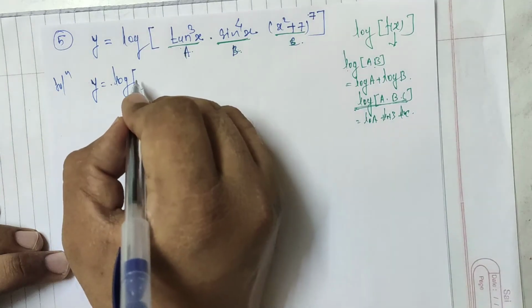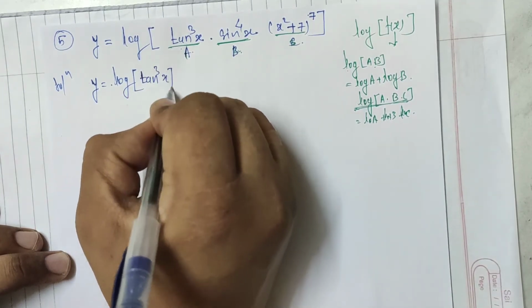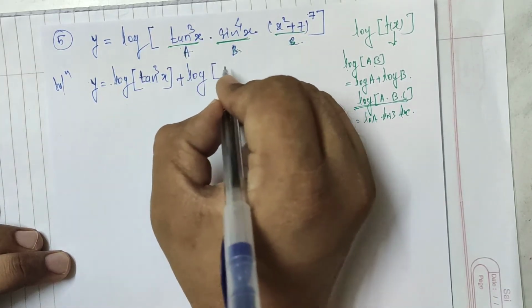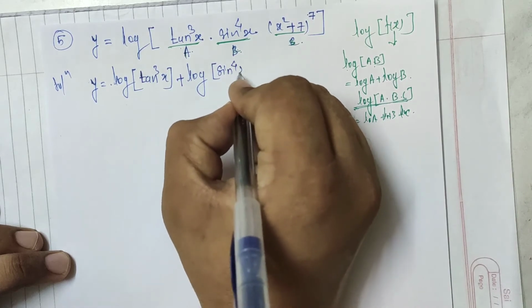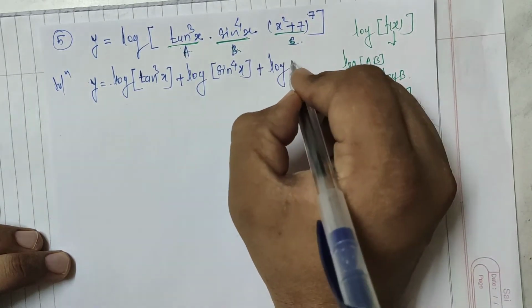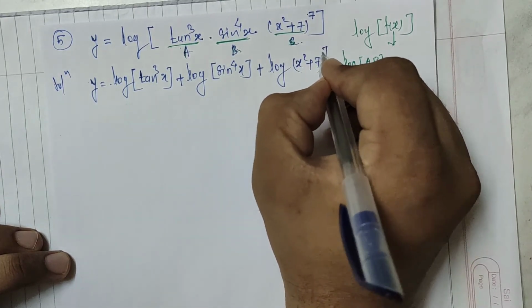So log of the first, tan cube x, plus log of B, B means sin raised to 4x, plus log C. What is meant by C? X square plus 7 bracket raised to 7.